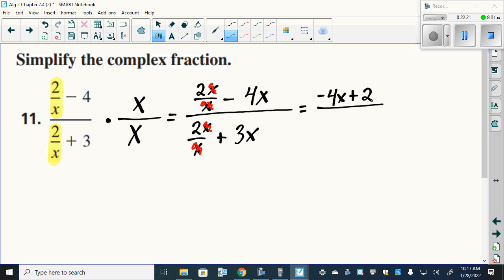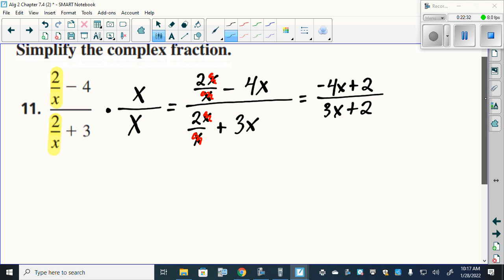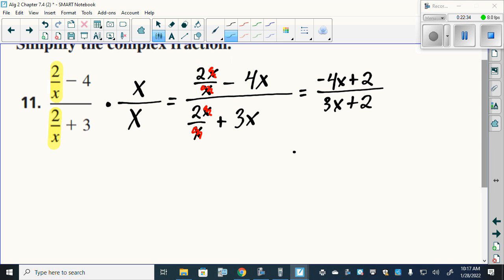I flipped them to put the variables first. And in the denominator, we would have 3x plus 2. Do we have a greatest common factor in the numerator between 4 and 2?